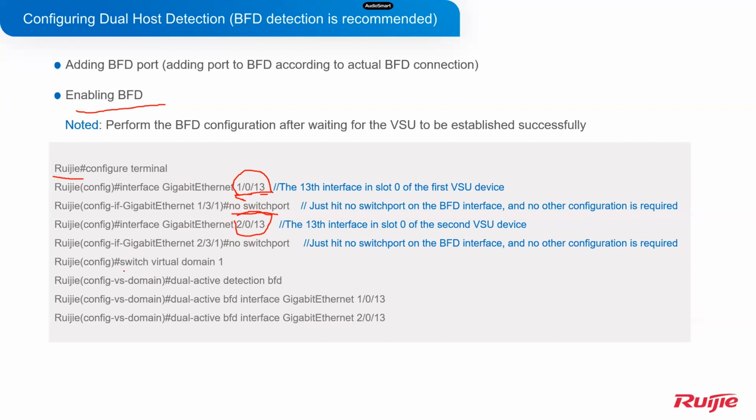And then you have to enter the VSU switch virtual domain 1, and you have to enable the BFD function. And which interface will be used to forward the BFD message, you also have to set: the dual active BFD, the interface GigabitEthernet switch 1, slot 0 and 13. And the second one is switch 2, 13 interface. So this is the basic one for the BFD.